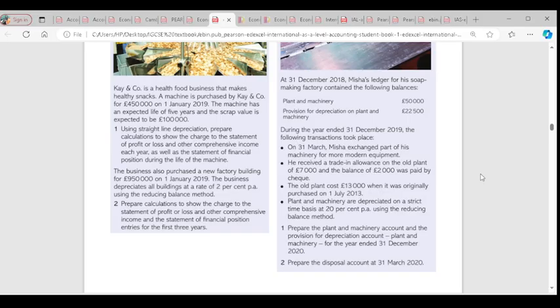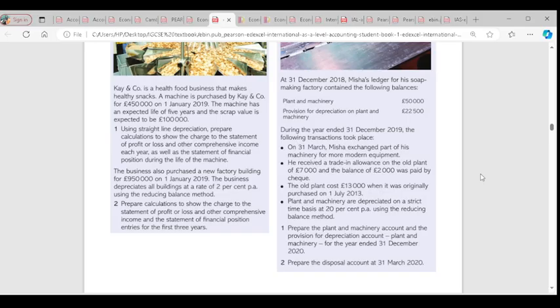You add them together: 4,500 plus 9,200 is 13,700. Then 13,700 minus 22,500 gives us the balance carried down for provision for depreciation, which is 8,800.